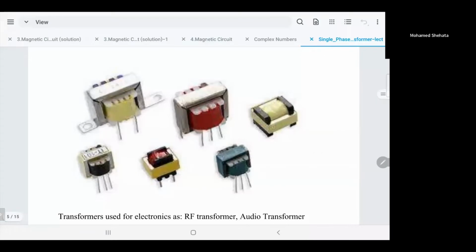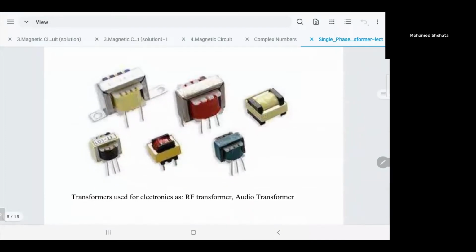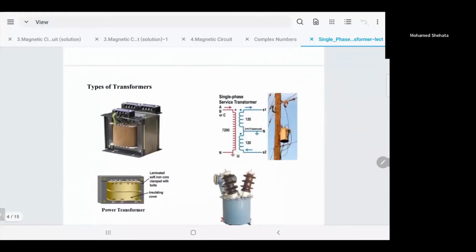The control circuit must be separated from the huge power circuit, because if there is a fault on the high voltage side, it will hurt the electronic circuit itself. We're working with milliamperes, so if there is a fault on one side, it will affect the other side. So they make an isolation transformer. And there are many transformers used even in electronics, like RF transformers and audio transformers, they use them for this application.